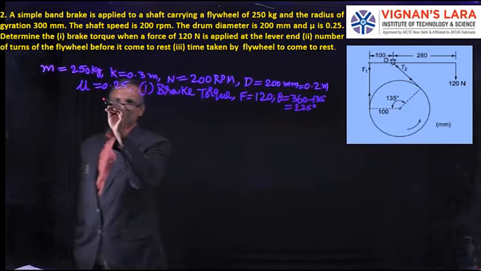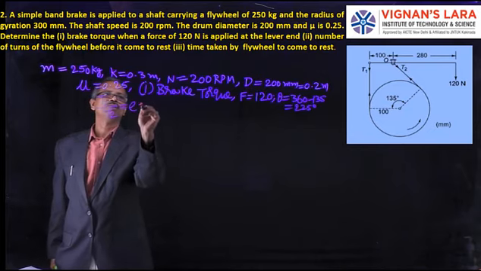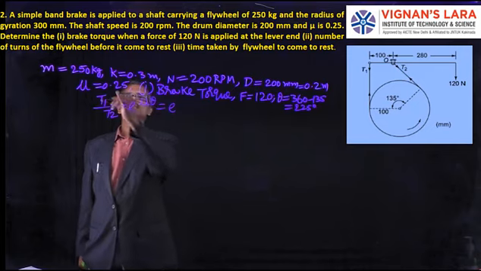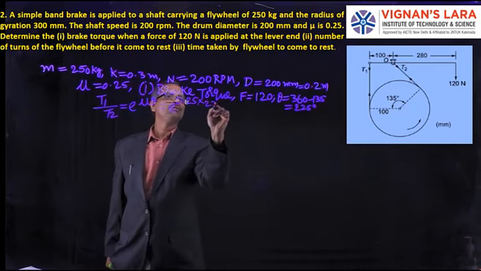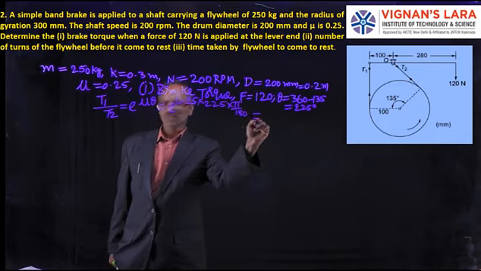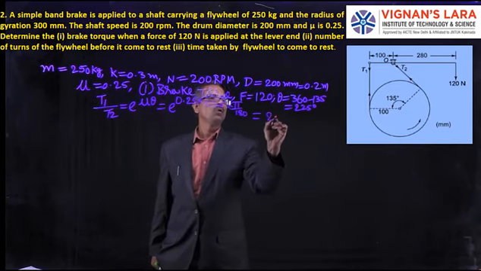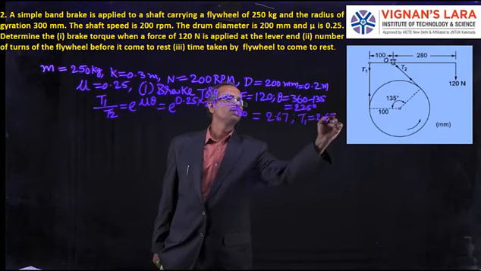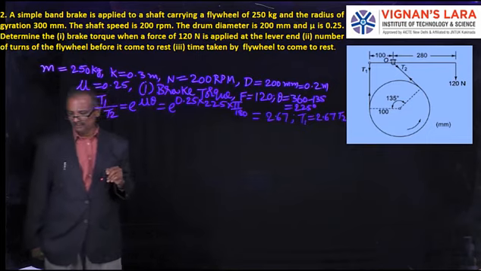With the basic fundamental equation which we know, T1 by T2 is equal to e power mu theta, where mu is 0.25 and theta is 225 into pi by 180, I will get the ratio which is 2.67, or T1 is equal to 2.67 T2. Okay, this is the first part.